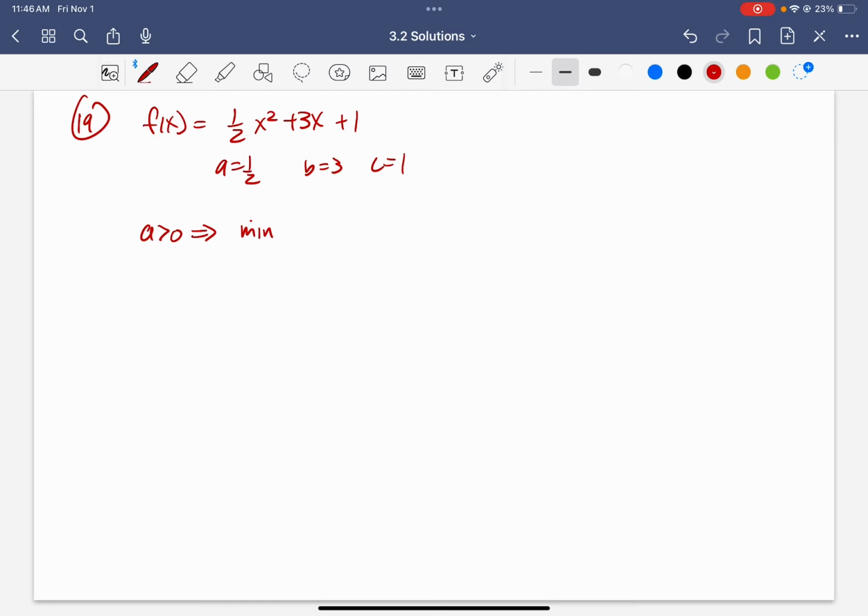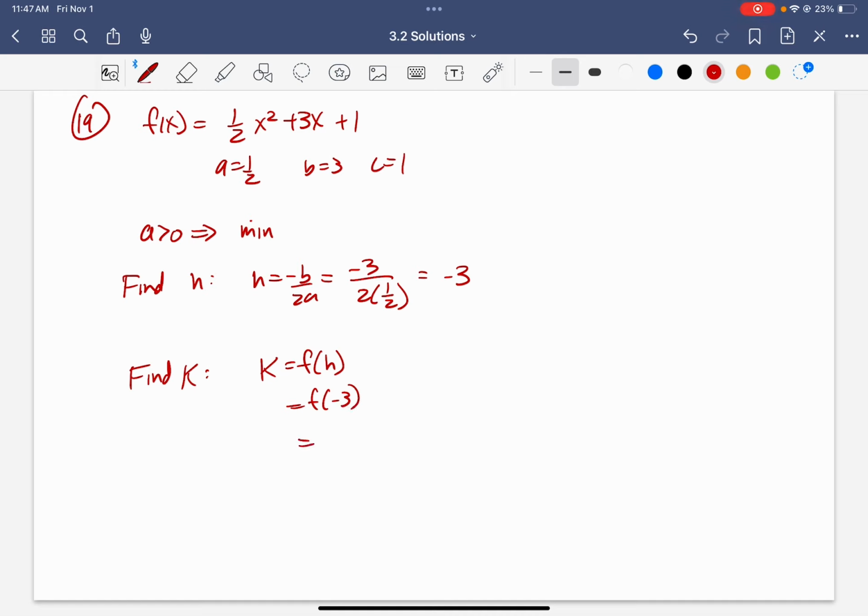And so to find that minimum, I'm going to find h, and I'm going to find k. So h is negative b over 2a. So it's negative 3 over 2 times 1/2. So it's negative 3. But k is f of h. So it's f of negative 3.